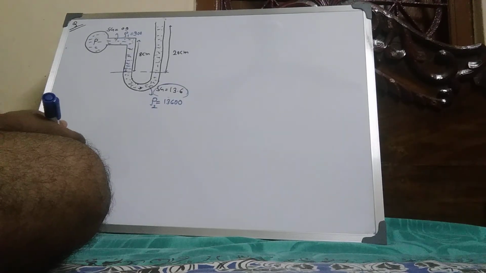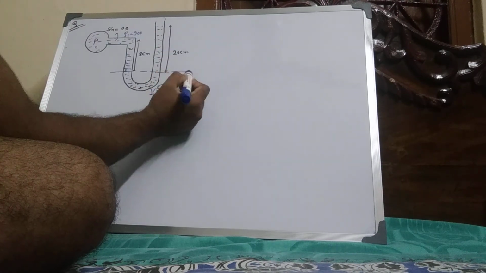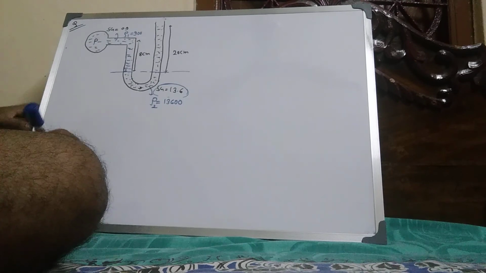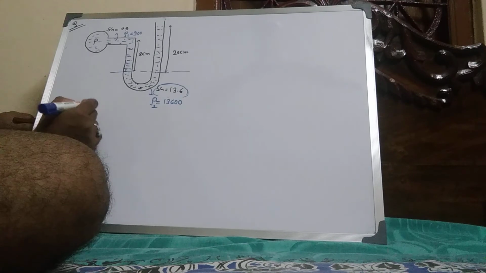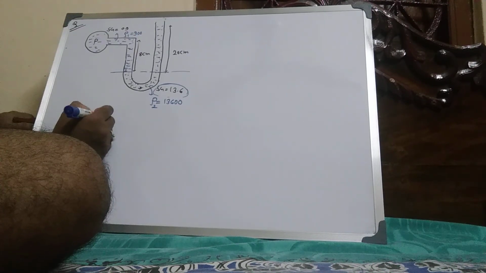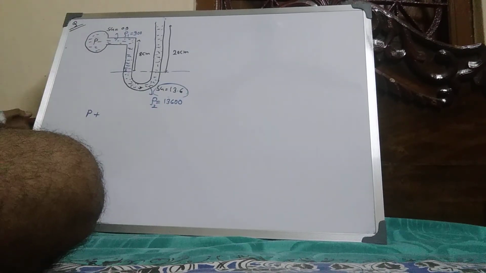Now this is rho 1. Now take the lower level of the manometric liquid as reference. Suppose P, the downward is plus.